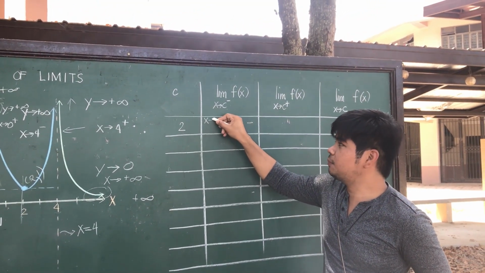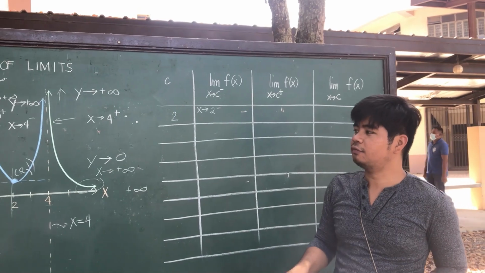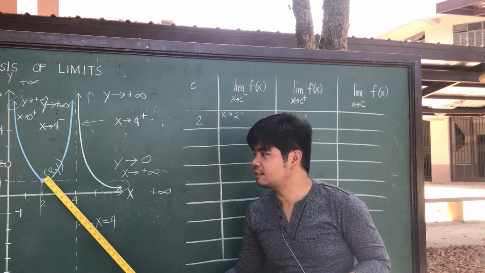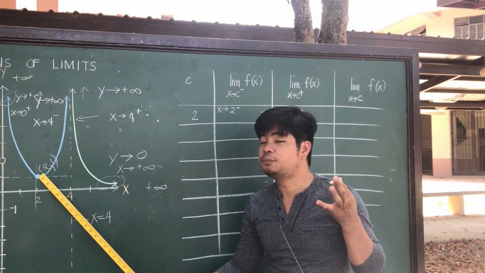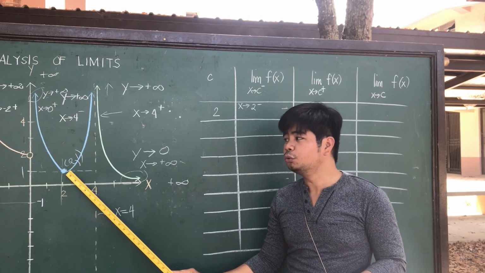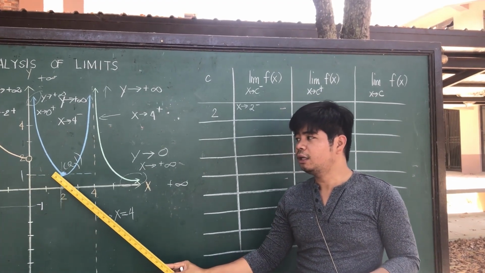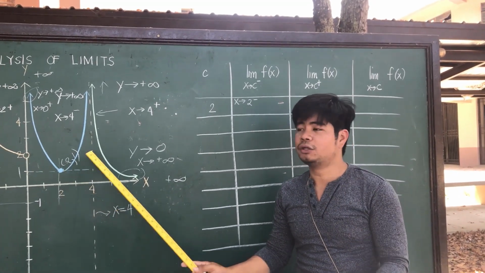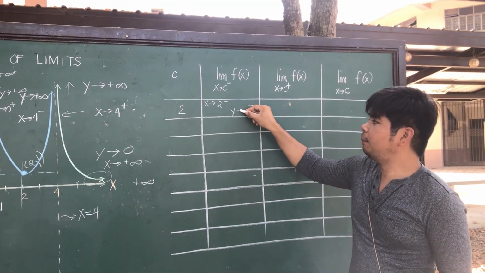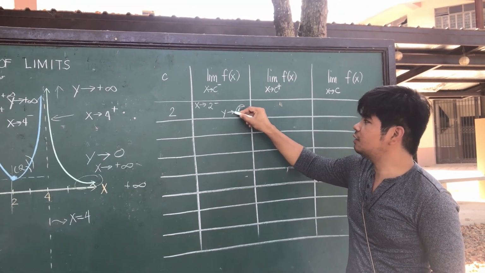So when x keeps on approaching 2 from its left, ano ang nangyayari sa y? In the graphical analysis, this is the left of 2. And it is observed na habang pumupunta ang values ng x sa left ng 2, the value of y approaches 1. Therefore, left of 2, ang nangyayari, y approaches 1. So the limit is 1.